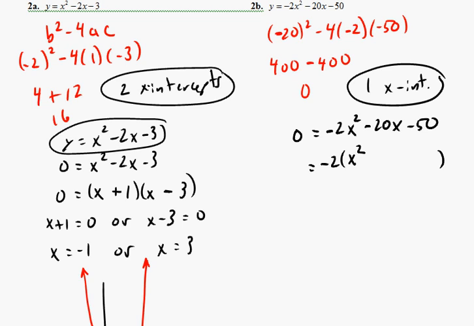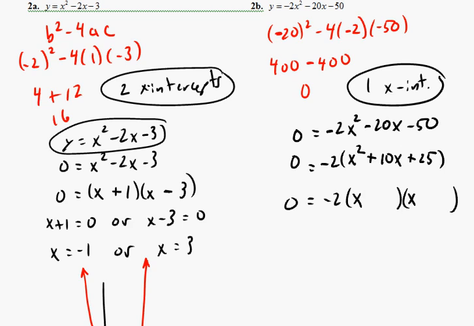-2 times x squared is minus 2x squared. -2 times a positive 10x will equal minus 20x. And minus 2 times a positive 25 will give us minus 50. Now, let's see if we can factor this trinomial, x squared plus 10x plus 25.